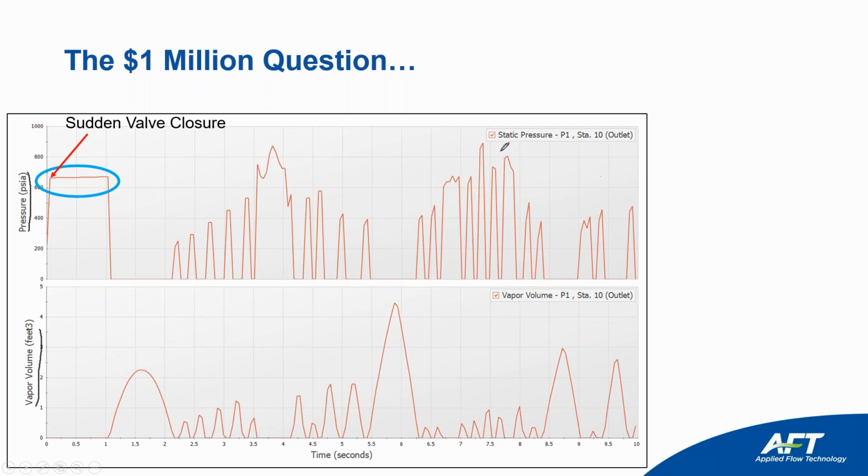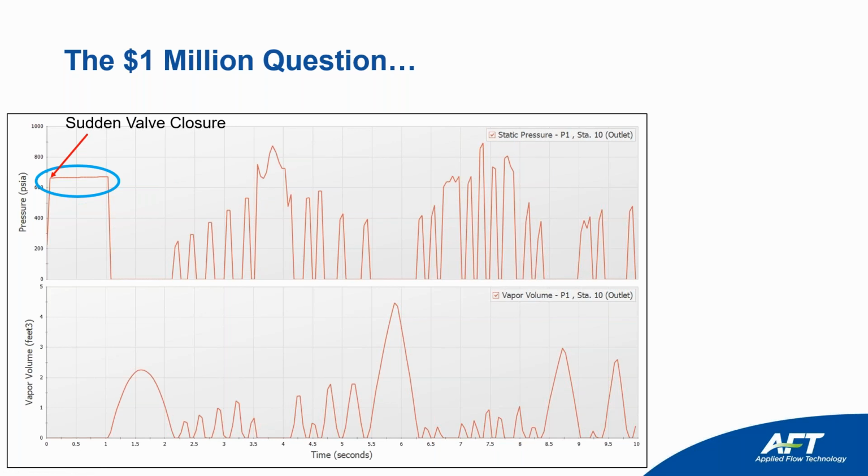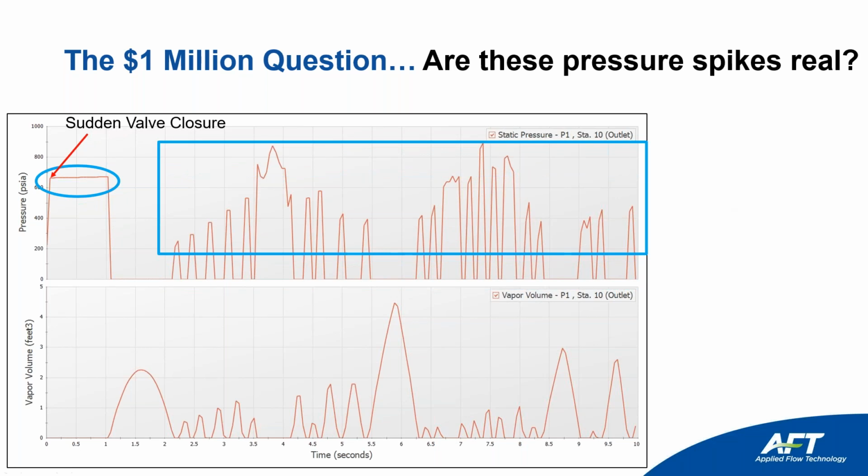Well, you have all these pressure spikes there that are the pressure response at the valve over time due to the valve closure. And so the question is, with all those pressure spikes, are those pressure spikes real?